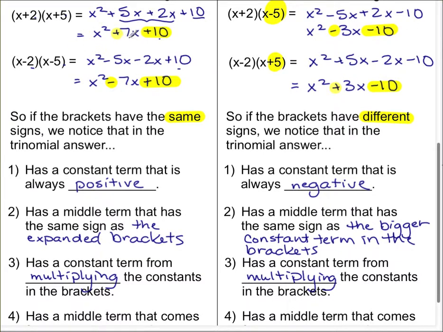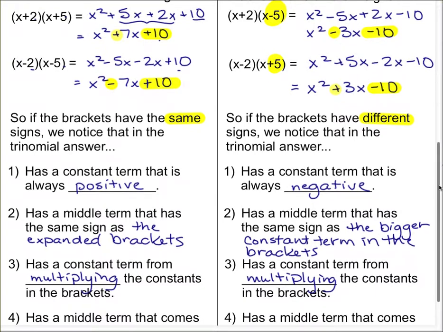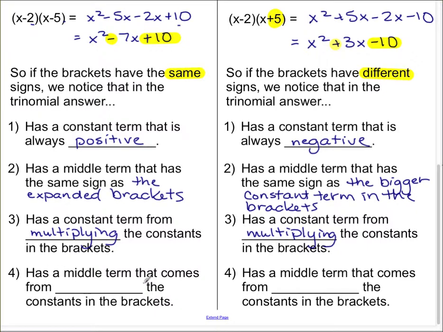That's called the absolute value. 7 and 7. What do we do to those two numbers? Well, did we add them? How about over here, 3 and 3. Our two numbers were 5 and 2. What happened there? We subtracted them. Okay. So has a middle term that comes from adding the constants and subtracting.